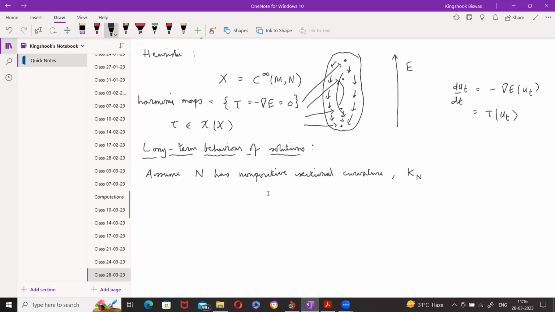And we'll see where it's used in many places, but immediately it will be used in one place now.